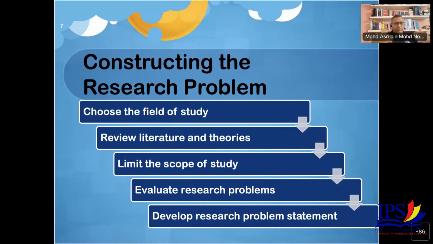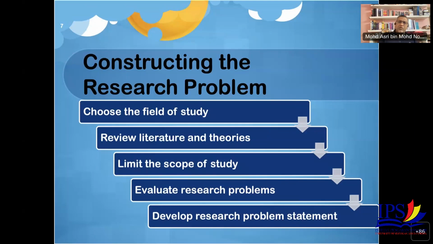So you have to limit the scope of your study. Then you start to evaluate what the research problems are, and then you develop your research problem statement itself. Now, the problem with research problem is a lot of students ask, where can I get?